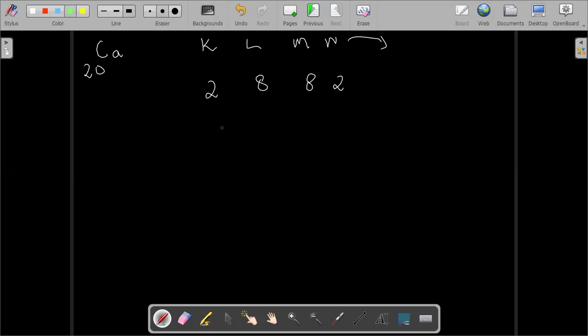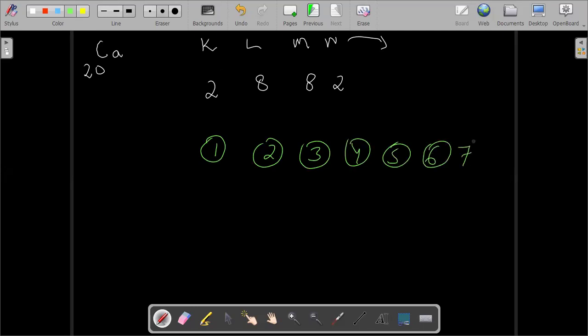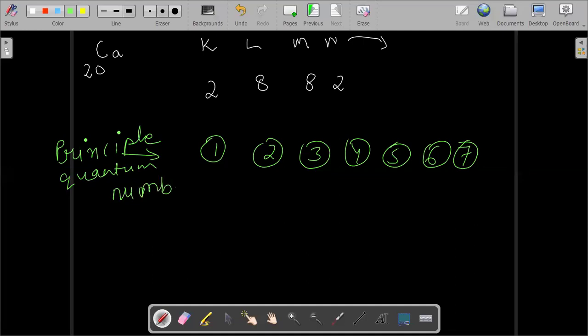So we call them the first shell, second shell, third shell, fourth shell, fifth shell, sixth shell, seventh shell, and so on. They are also called principal quantum numbers. So obviously you will find different methods of arrangement.